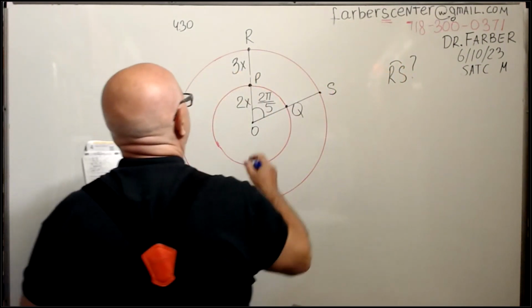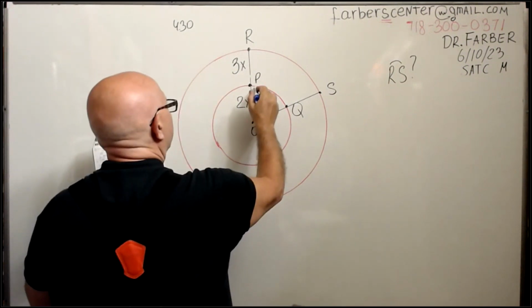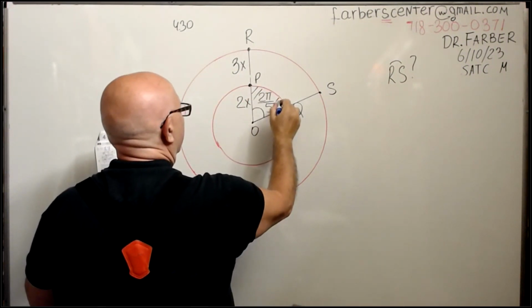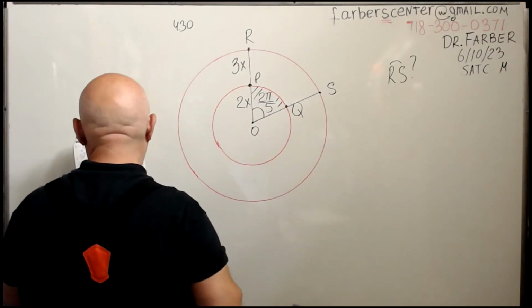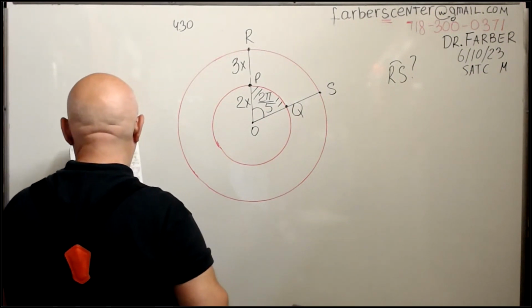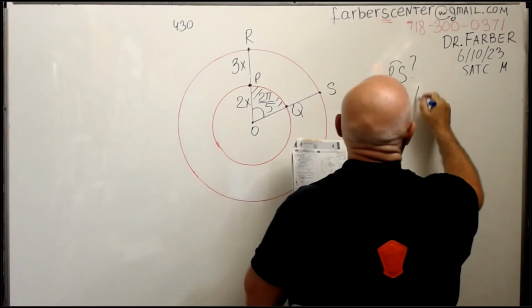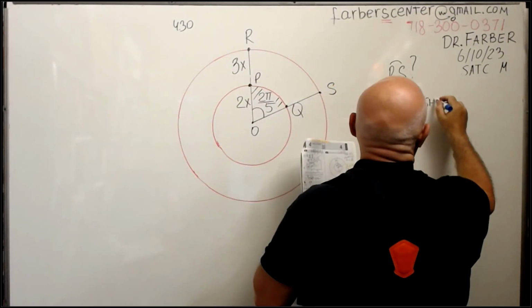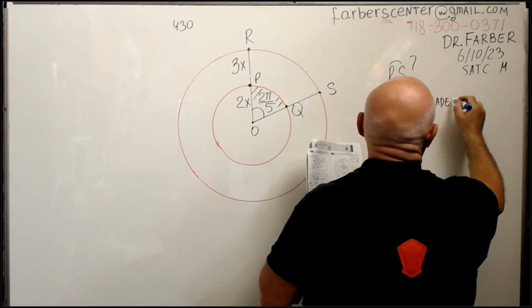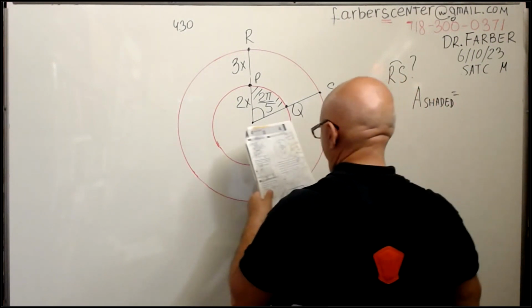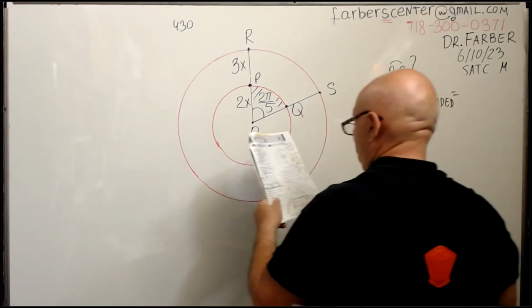In addition, they shaded this area. And they said that the shaded area equals 20 pi.